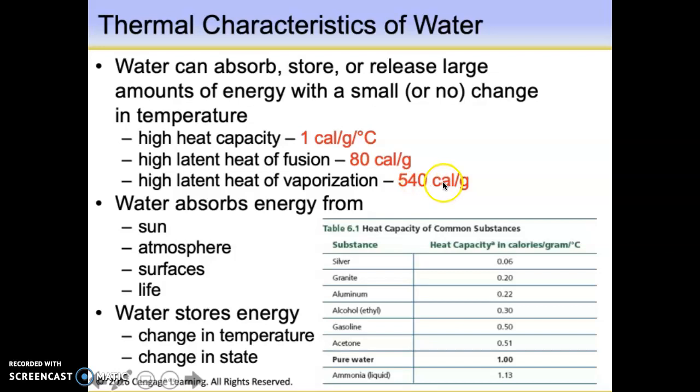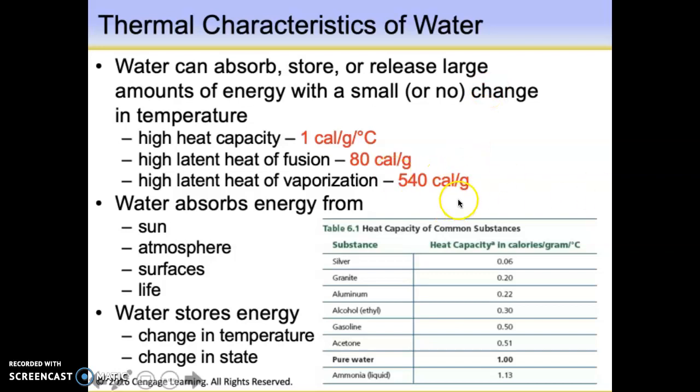If you have 1 gram of liquid water, this latent heat of vaporization tells us it takes 540 calories of energy to turn that gram of liquid water into water vapor or a gas.